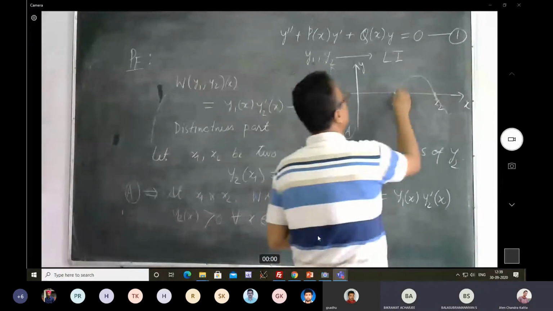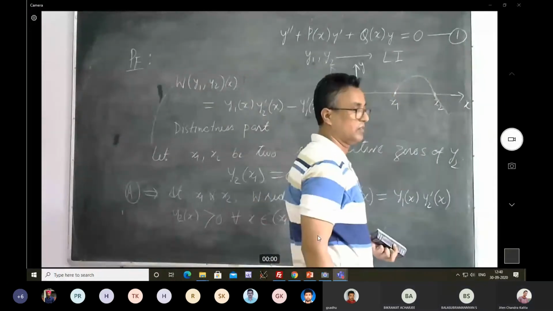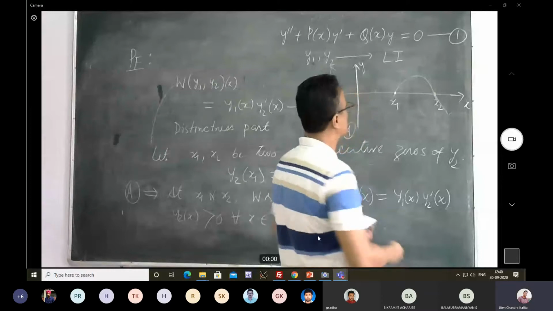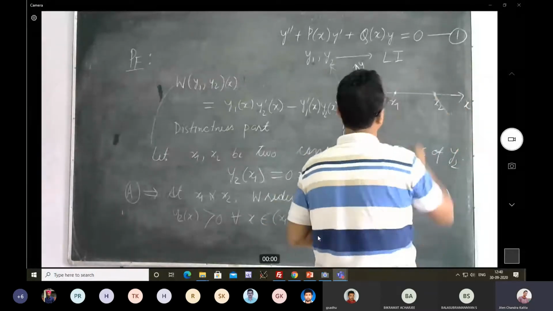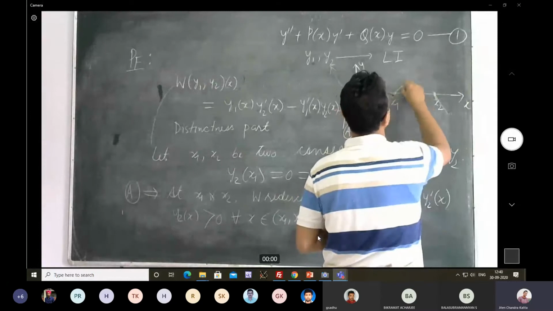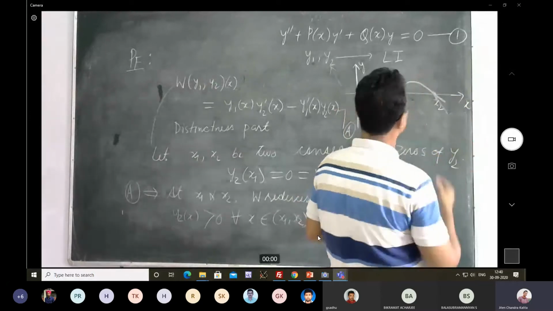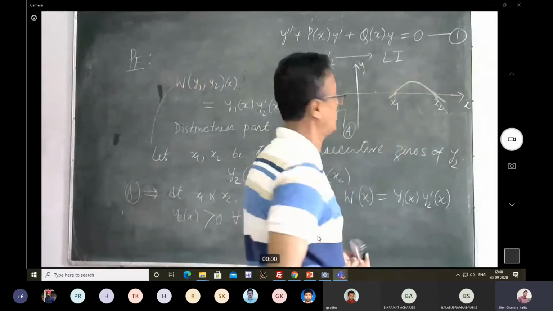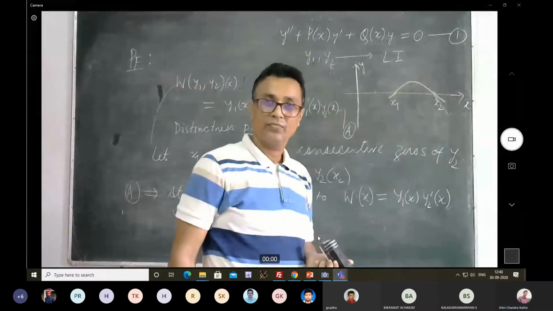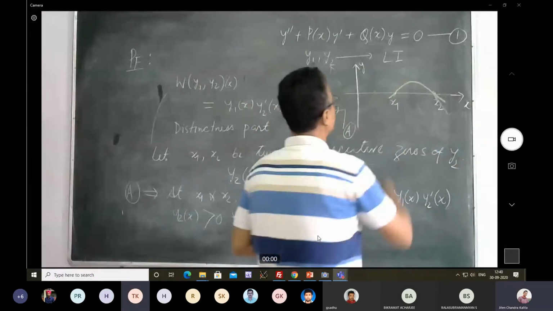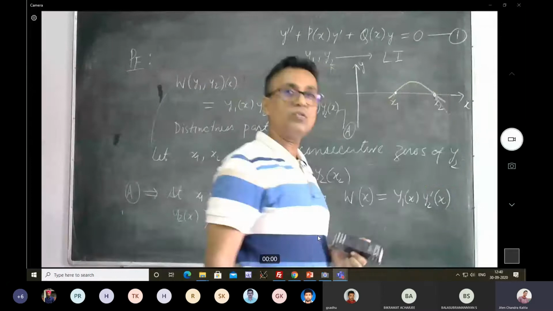This has to be my situation. It is not necessarily like the sine wave. It could be something like this. It could be something like this. Anyway, it is not exactly the sine wave. You are getting the point, right? So at x1 it is rising, and at x2 it is falling.